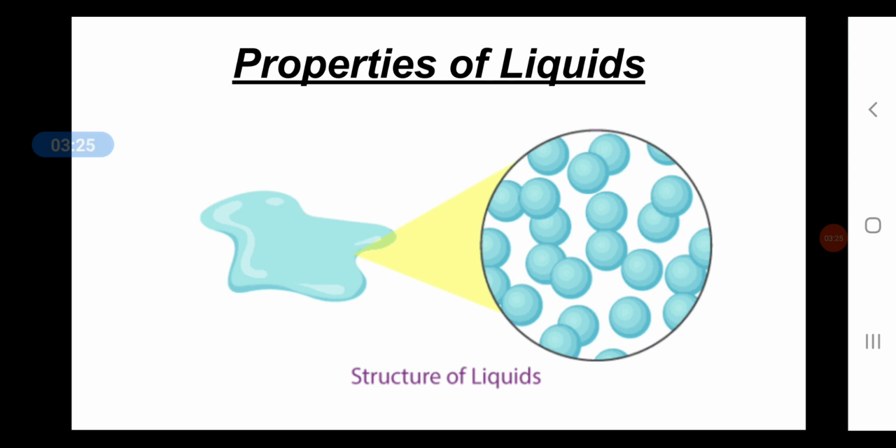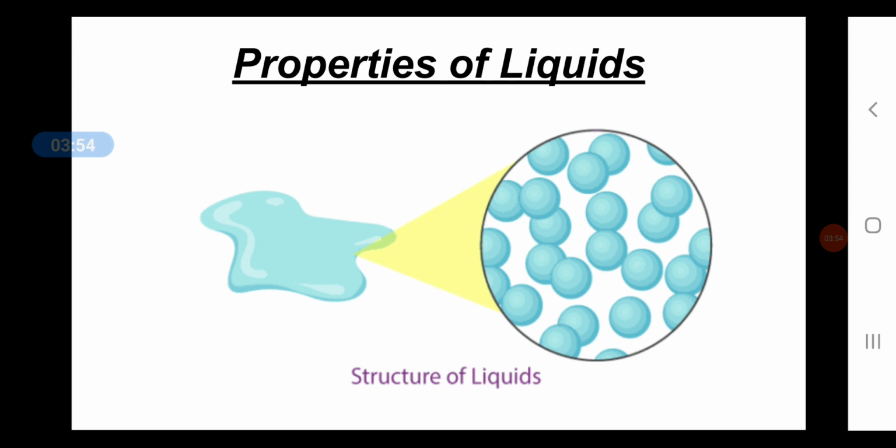Now, the intermolecular space between the molecules of the liquids is also more than that of the solid. As such, they have the tendency to flow. Liquids are also less rigid than the solids. And there is only one free surface in a liquid, that is the topmost surface of the liquid.